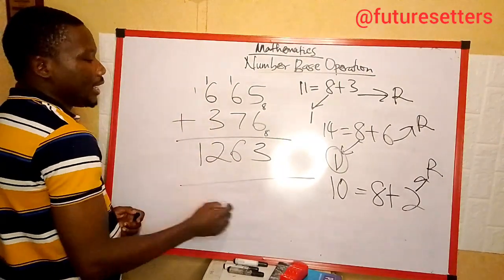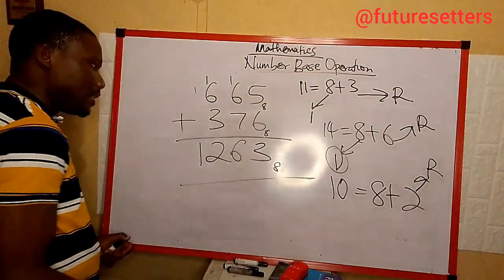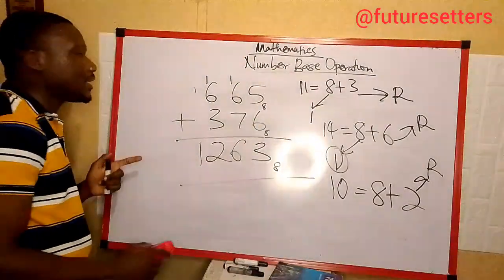So that 1 will now come here, and this will give us 1, 2, 6, 3 base 8. Take note. Take a snapshot here.